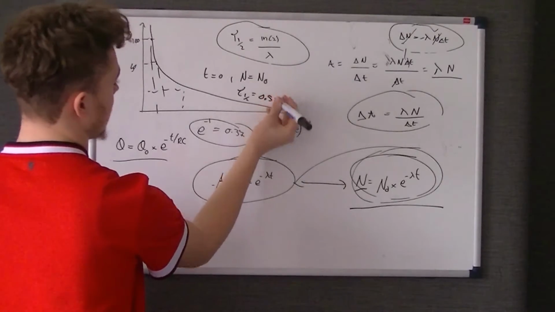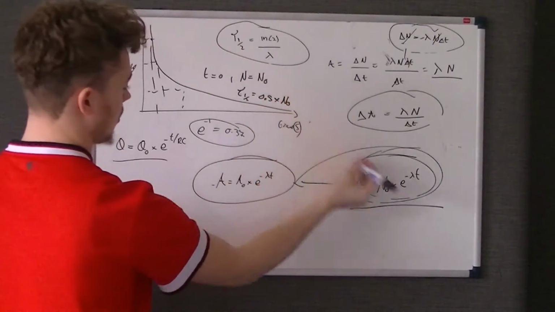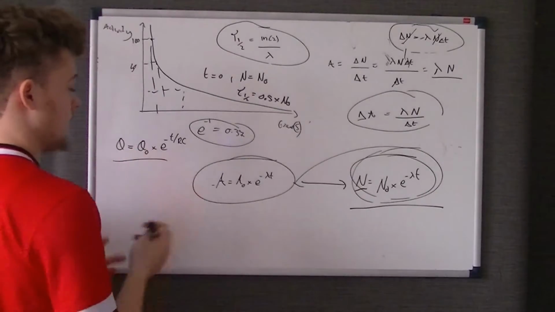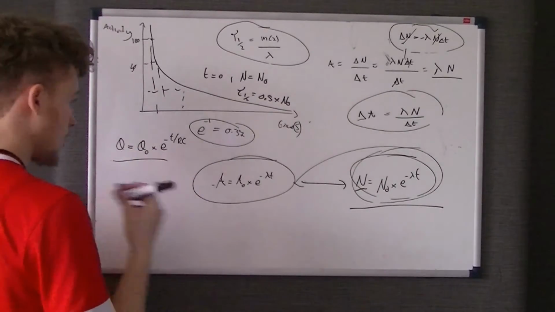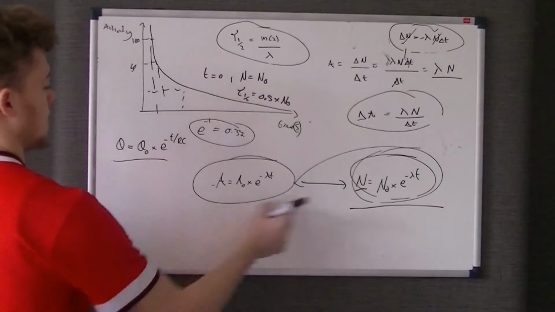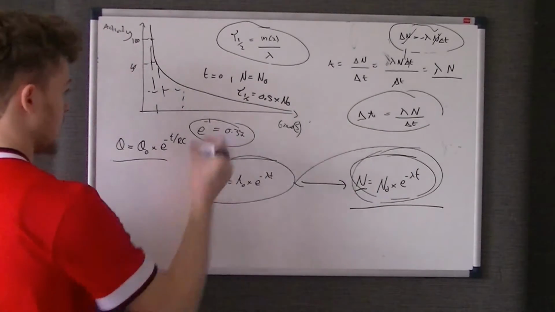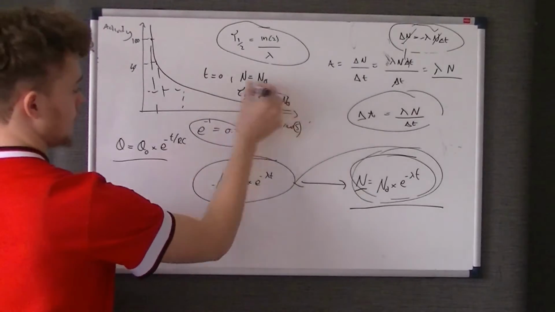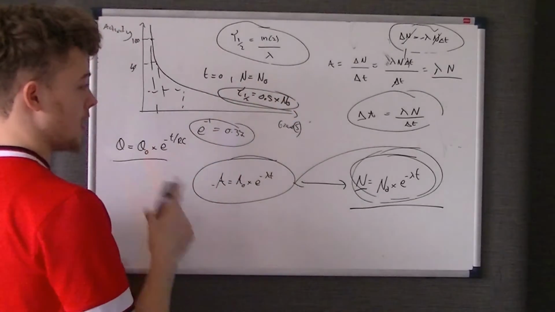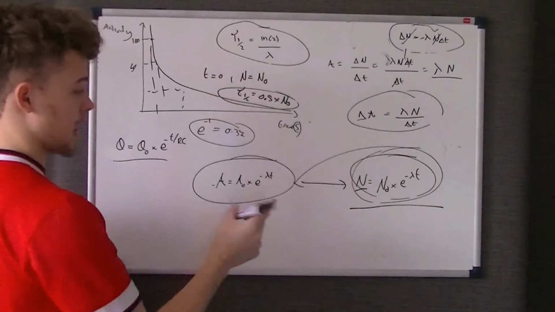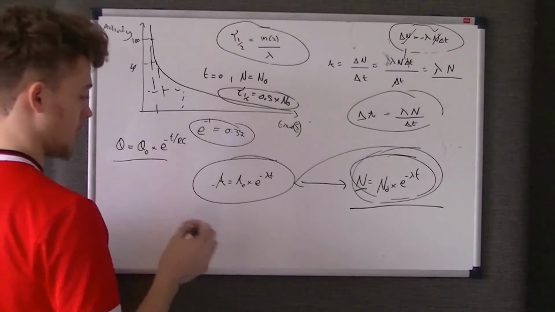We could put half times n, but I'm going to put a half times n0, because it will help us when we try to simplify it. You could put either. So when t equals t half, there is 0.5 times the original amount of molecules.